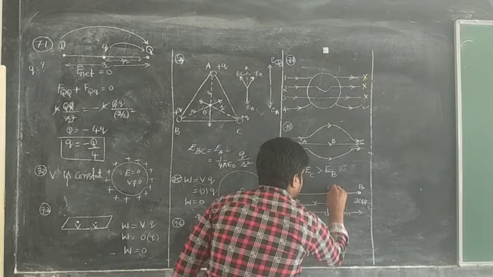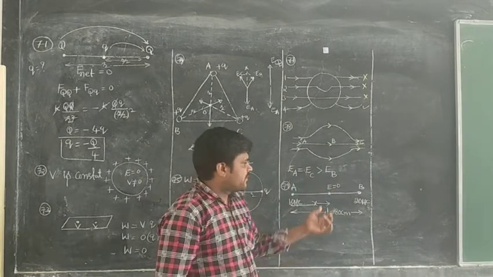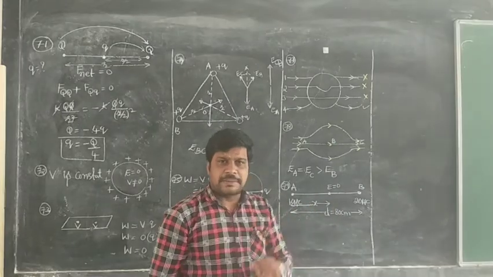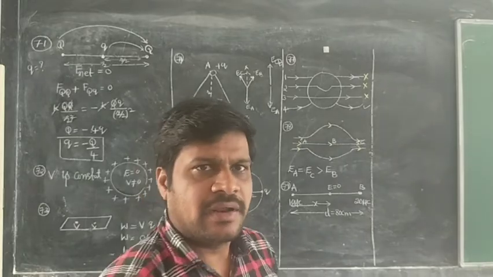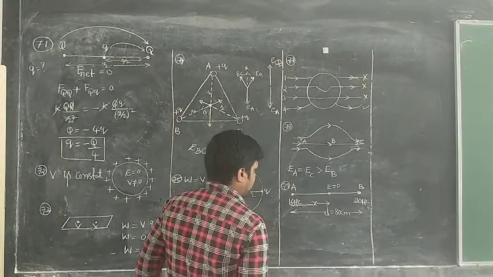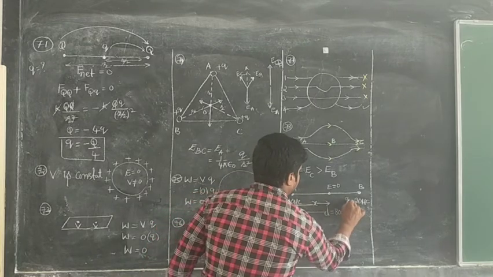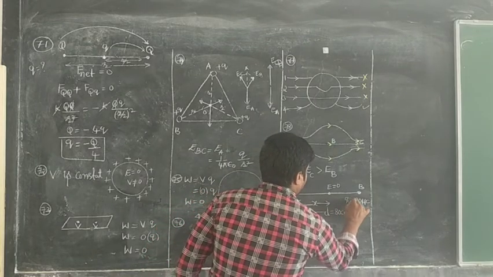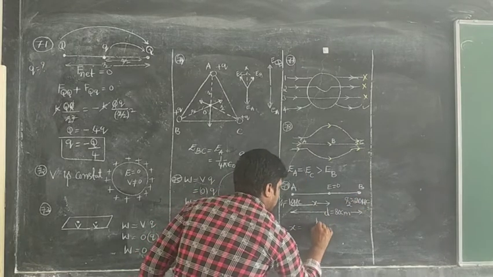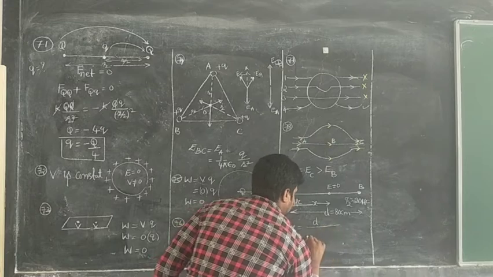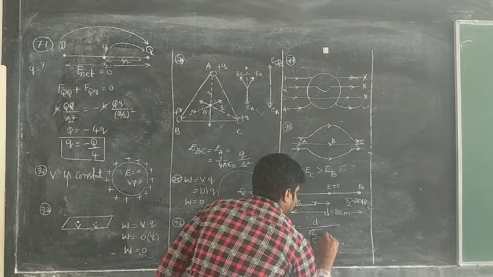Right, this is the x distance, and at this x distance the electric field is 0. Where the electric field is 0, that point is said to be the null point or neutral point. Now for this, one relation is there. Suppose it is Q1 charge and Q2 charge, the distance at which the electric field is 0 is x equal to D divided by square root of Q2 by Q1 plus 1.